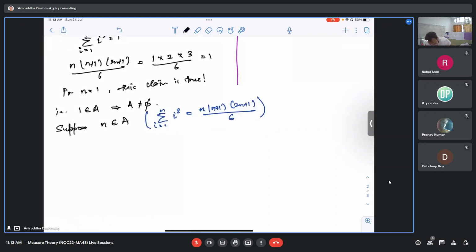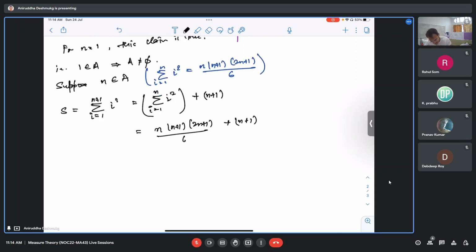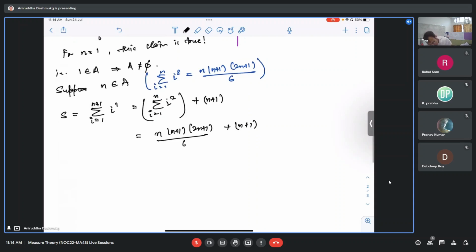So let S be the sum i from 1 to n plus 1, i square. This I can easily write as the sum i from 1 to n, i square plus (n plus 1) square. That is just using associativity of addition, nothing more. And I now know the formula for the first term. This is n(n plus 1)(2n plus 1) divided by 6 plus (n plus 1) square.